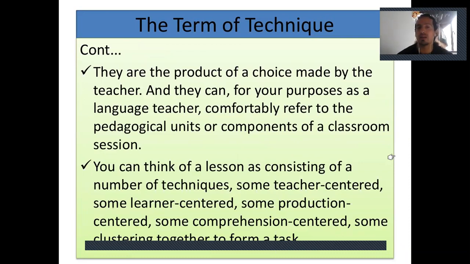So once again, these techniques are just the choices made by the teacher, right? Based on the purposes for teaching the language, based on the pedagogical purposes, all in all, based on the objectives for that class and those activities.